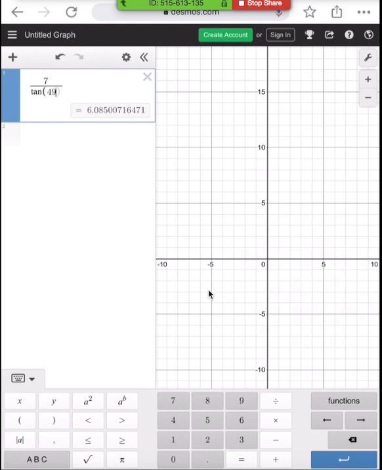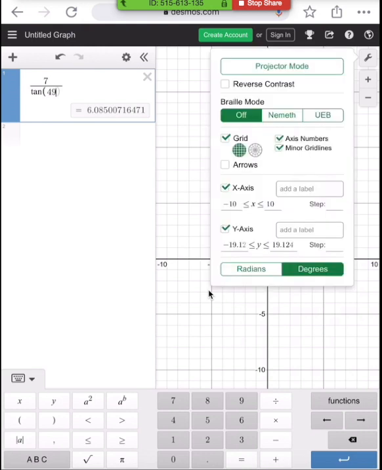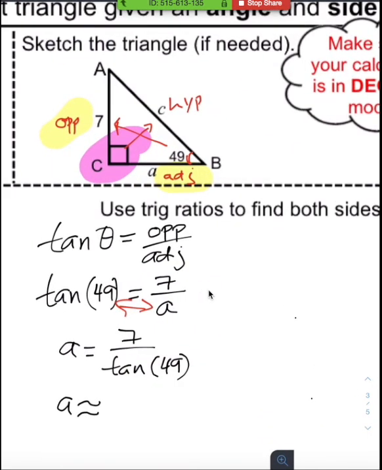Remember, you might be in radians. I was working with Desmos a little bit ago, so I had to change it to degrees. Make sure you click on degrees, because if not, you're going to get the wrong answer. So 6.085 is what A is.